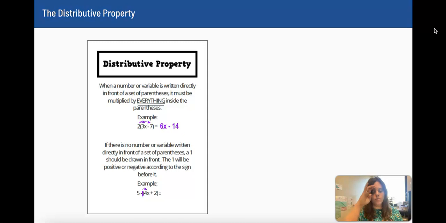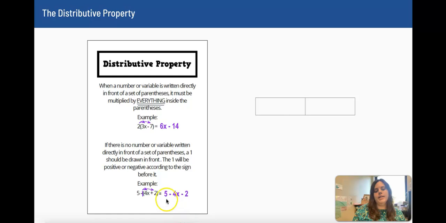So negative 1 will go to 4x, and negative 1 will go to positive 2. That 5 is still included in my expression. So I have 5, and then negative 1 times 4x is minus 4x, and negative 1 times 2 is minus 2. I can simplify this a little bit further by taking that 5 minus 2 to get 3 and still have minus 4x.